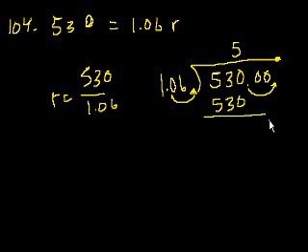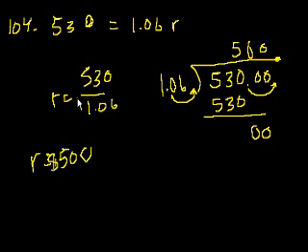Okay, so the math here was simple. So you have 2 zeros. So the retail price is $500. She paid $30 in tax.